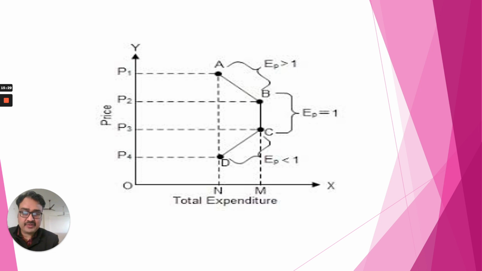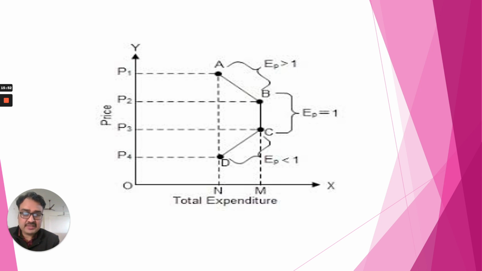When the price further rises from OP3 to OP2, total expenditure remains unchanged, and when the price rises from OP2 to OP1, total expenditure falls from OM to ON. That is, three different situations of the price elasticity of demand are shown in the diagram.